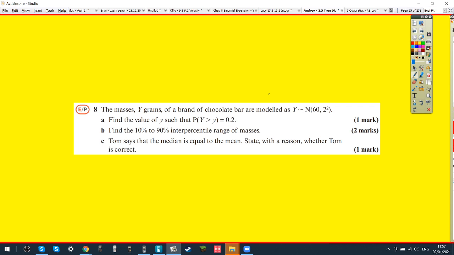Interquartile range. The 10th to 90th percentile. How would you do part B for this one?